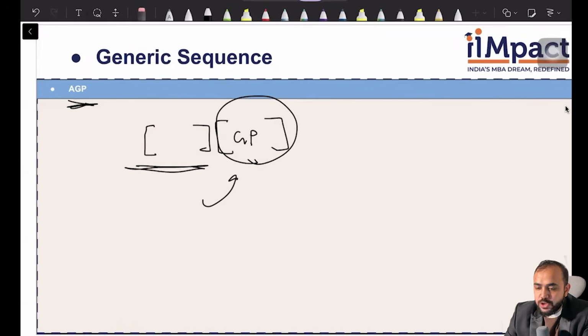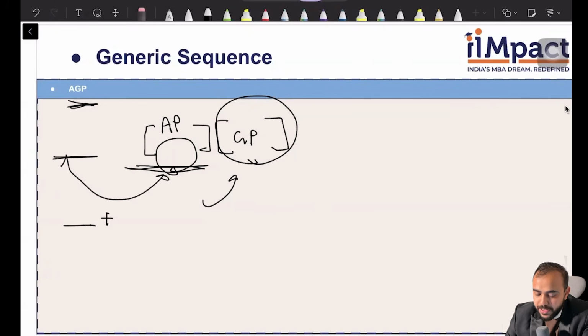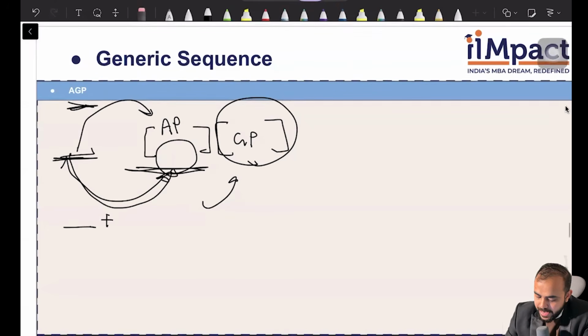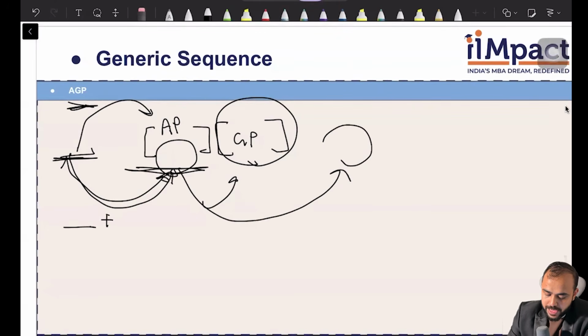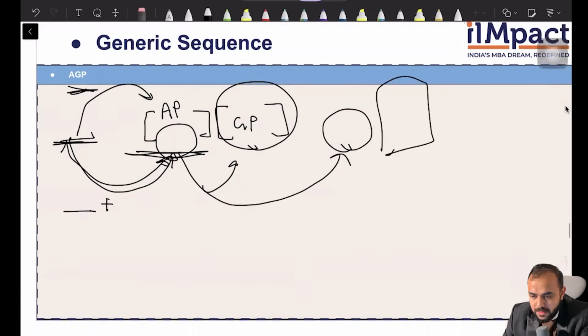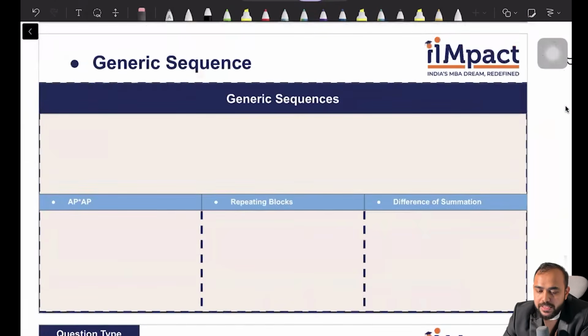The other part should either be an AP or something which is part of an additive sequence as compared to the previous term. So it does not have to be that the differences are the same. It's just that something should get added here, and then something related should get added here to get to the next term.